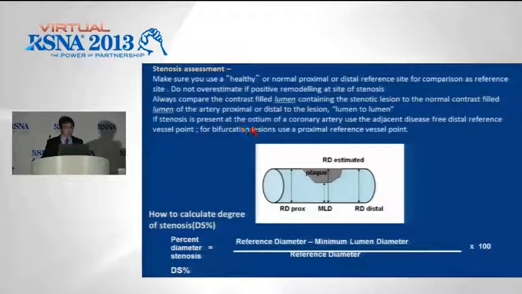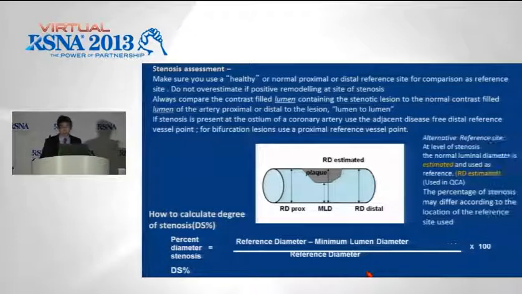If stenosis is present at the ostium of a coronary artery, then you try to use the adjacent disease-free distal reference vessel point. And for bifurcation lesions, we try to use a proximal reference vessel point. And once you've done that, you can calculate the percent diameter stenosis by using this formula: reference diameter minus MLD, divided by reference diameter, times 100.